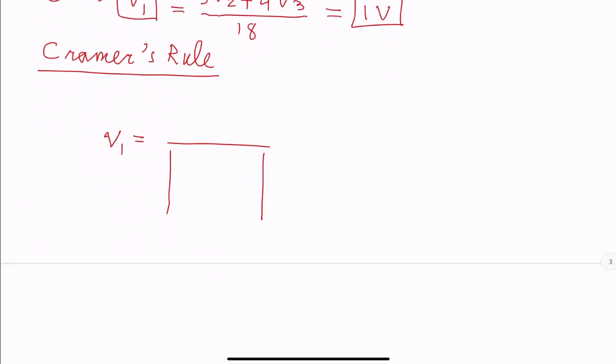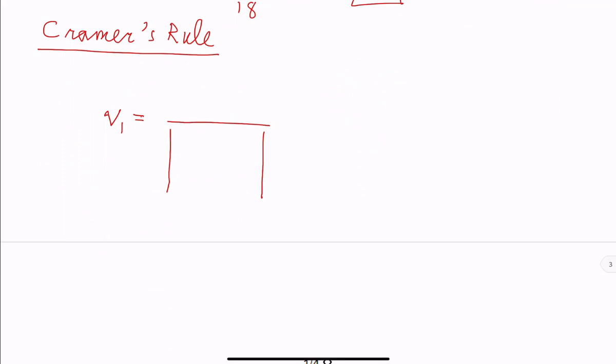So the denominator is 18, negative 3, negative 4, negative 3, 9, negative 5, negative 4, negative 5, 10.